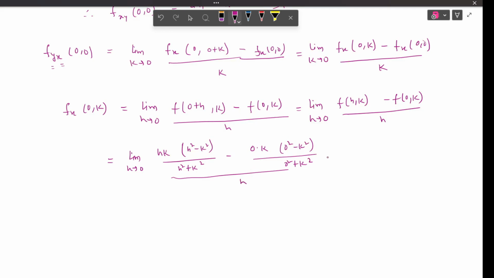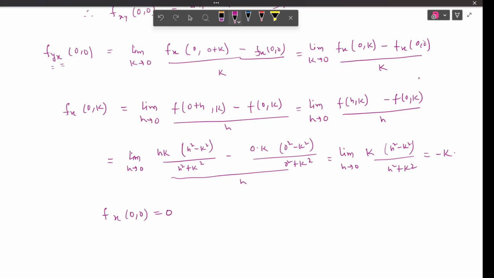So this term will be 0. You'll get the limit as h tends to 0, hk by h will cancel out. You will get k times (h² minus k²) by (h² plus k²). If we put h tending to 0, it will be minus k² by k². Cancel out. Here you will get minus k. And if you put 0 in place of k, that means f_x(0,0), this should be 0, right? k is also 0 here.